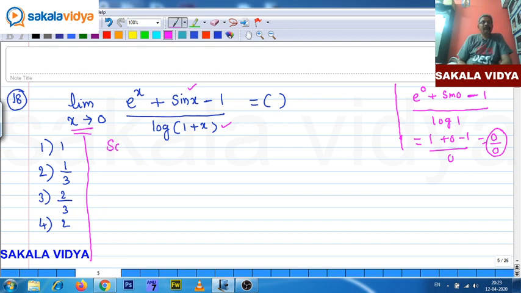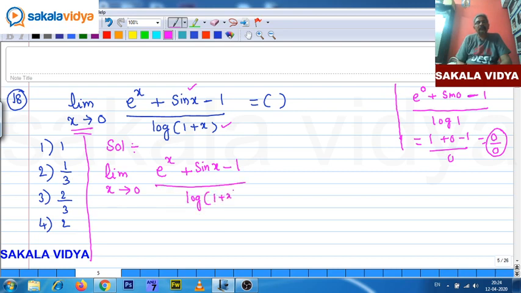See the solution. Limit x tends to 0, e power x plus sin x minus 1 upon log of 1 plus x. Applying L'Hospital's rule: the derivative of the numerator, e power x differentiation is e power x, sin x differentiation is cos x, and 1 differentiation is 0.